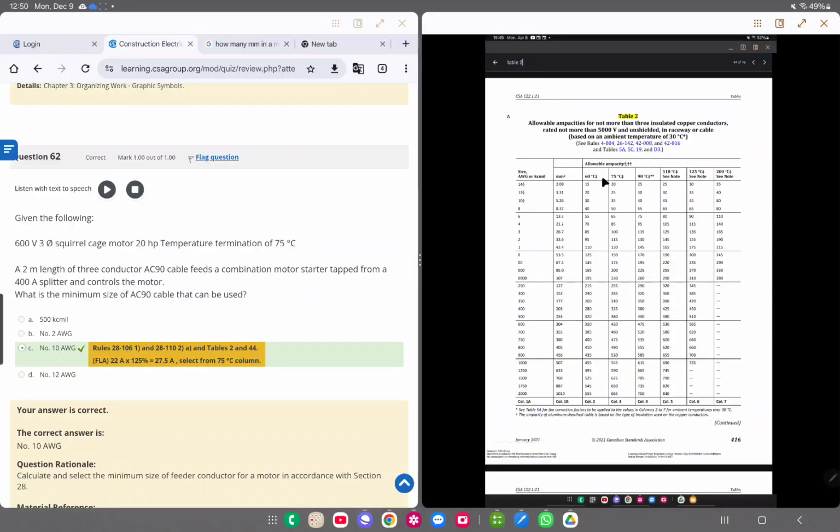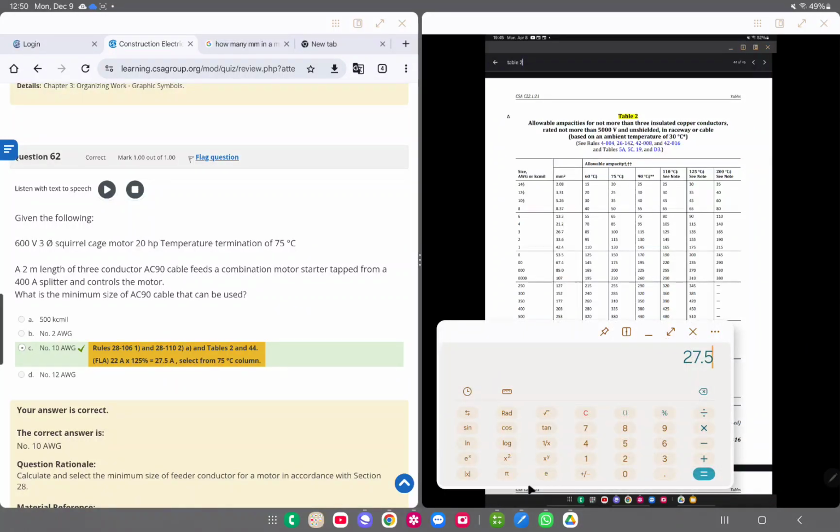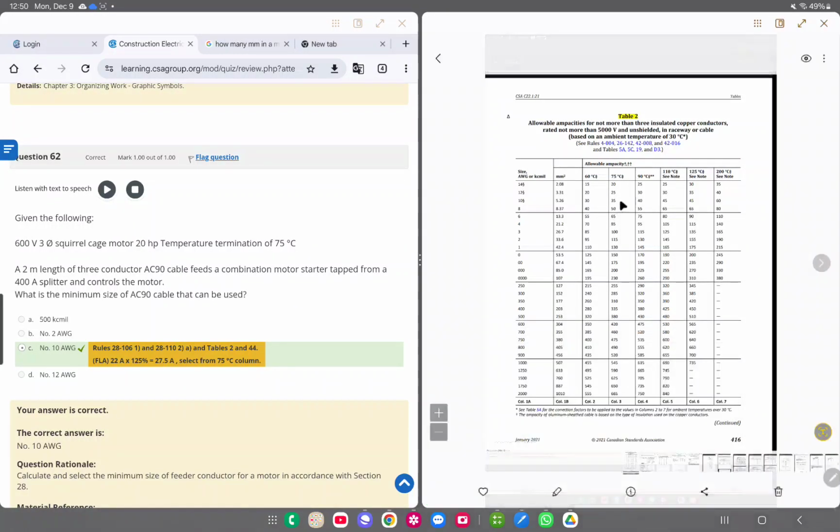My bad, I was getting ahead of myself. I was saying 22. 27.5, sorry. 27.5 at the 75 degrees column, and we're looking at number 10.